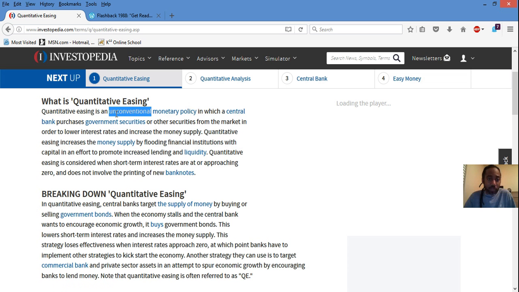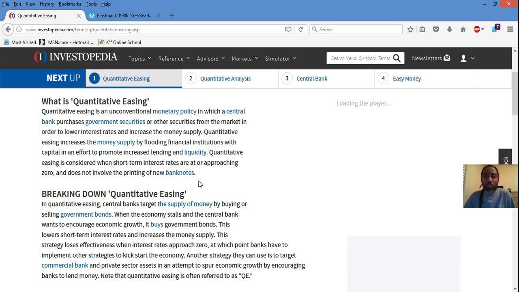So that's not something of the norm, right? It also increases the money supply by flooding financial institutions with capital. So the truth is, if you're increasing the money supply, then you're actually devaluing the currency, according to what's written here. It does not involve the printing of new banknotes.